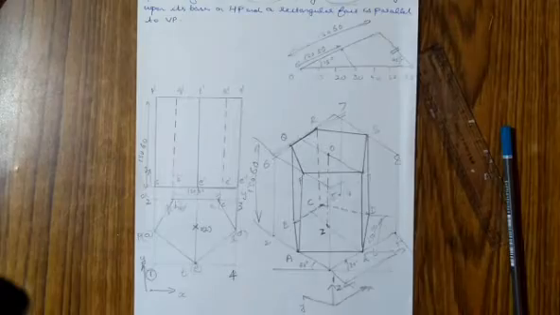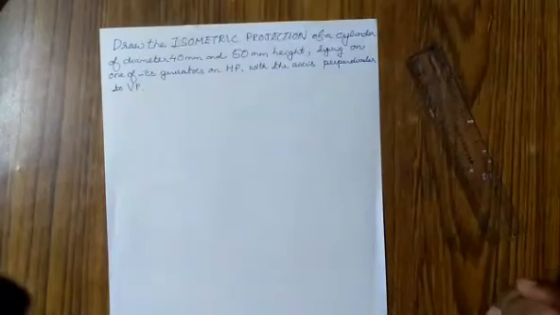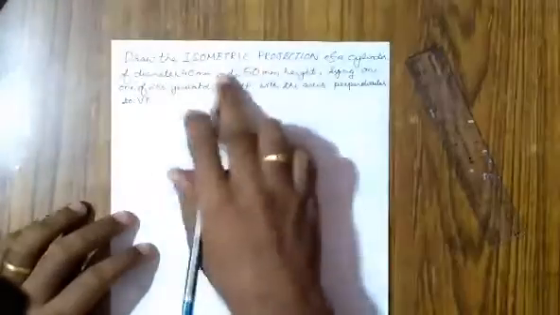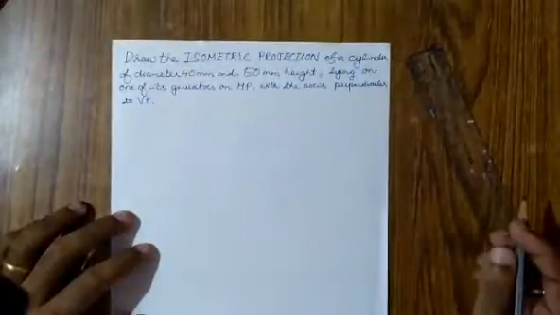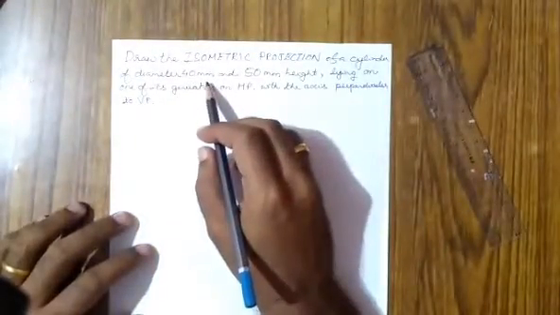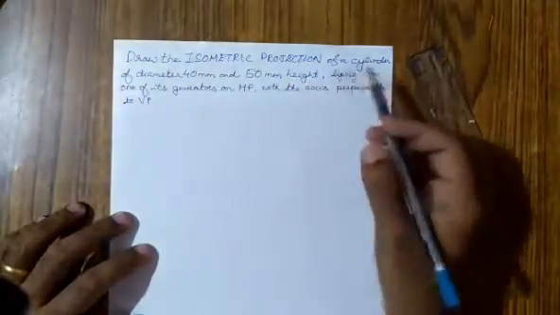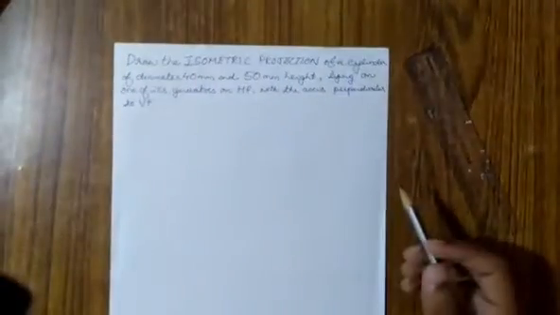So the next problem is to draw the isometric projection of a cylinder. Let's read the question first. Draw the isometric projection of a cylinder of diameter 40 mm and 50 mm height, lying on one of its generators on HP with the axis perpendicular to VP.